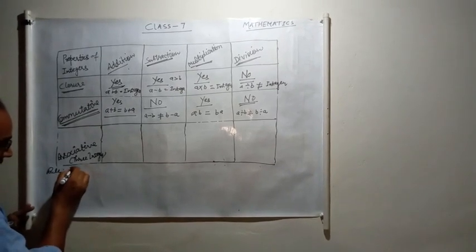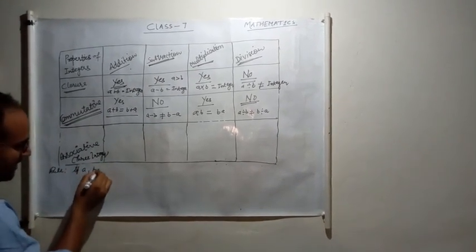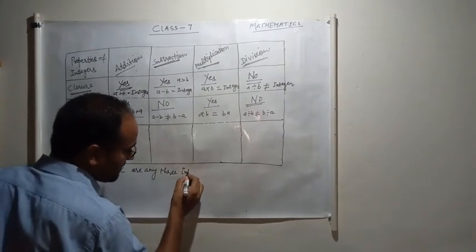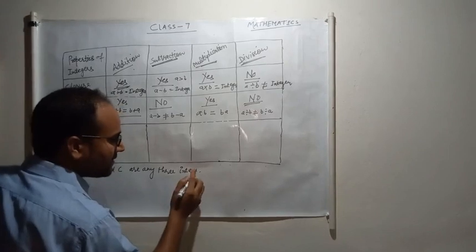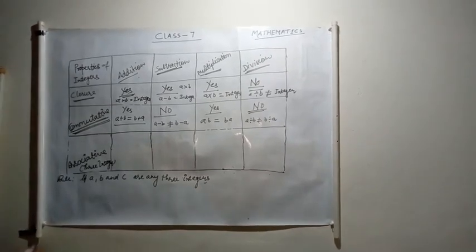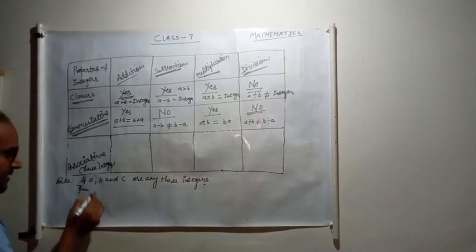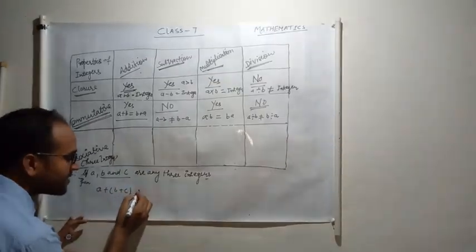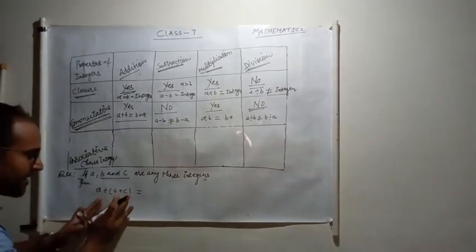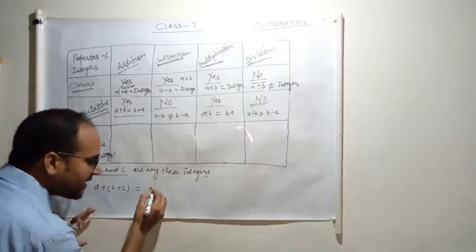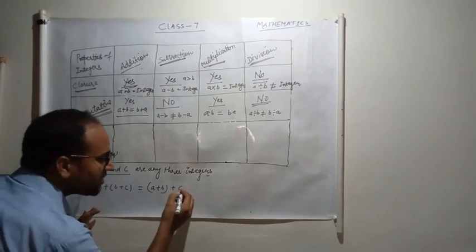The rule is, if A, B and C are any three integers, then A plus in bracket B plus C is equal to A plus B in bracket plus C. In the left side, the last two integers are put in a bracket. In the right side, the first and second are taken in a bracket, and the last one is outside of this bracket.